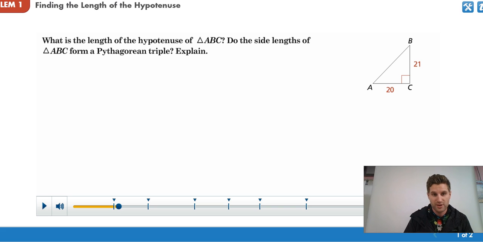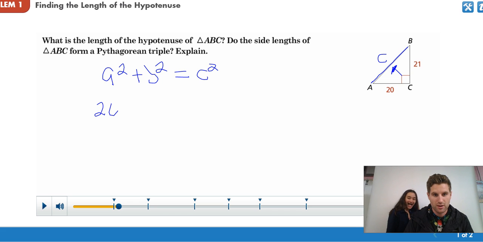So what we have to do is we need to use the formula a squared plus b squared equals c squared. Okay, so c is the hypotenuse, so this right here is going to be c. We always know it's across from the 90 degree, and so we're going to go ahead and do 20 squared plus 21 squared equals c squared.